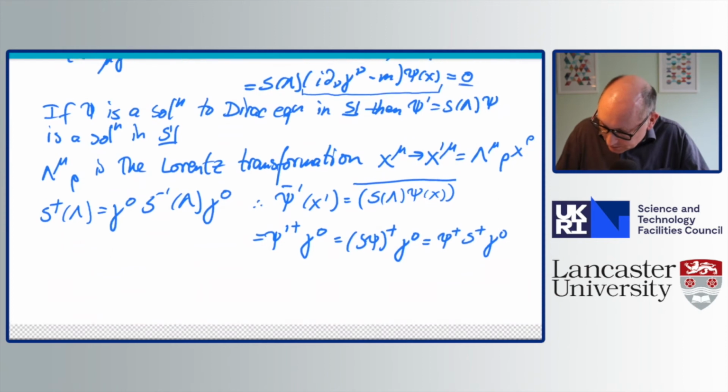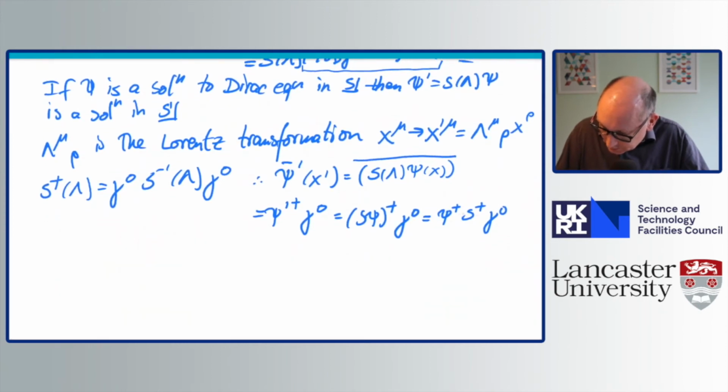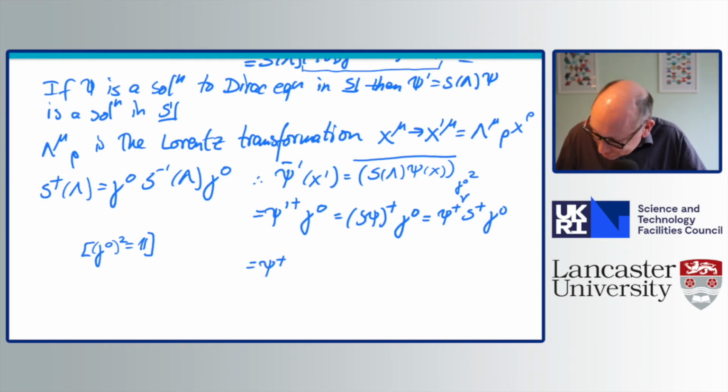We remember that gamma naught squared is equal to the identity 4 by 4. So if we insert gamma naught squared here, then we get that that's equal to psi Hermitian conjugated gamma naught, and then a gamma naught S dagger gamma naught.